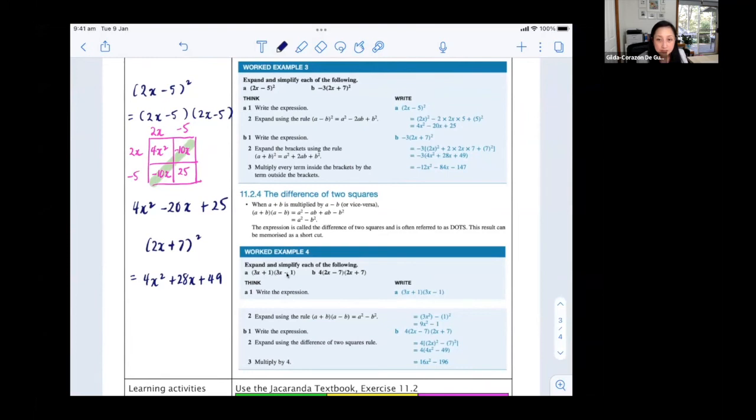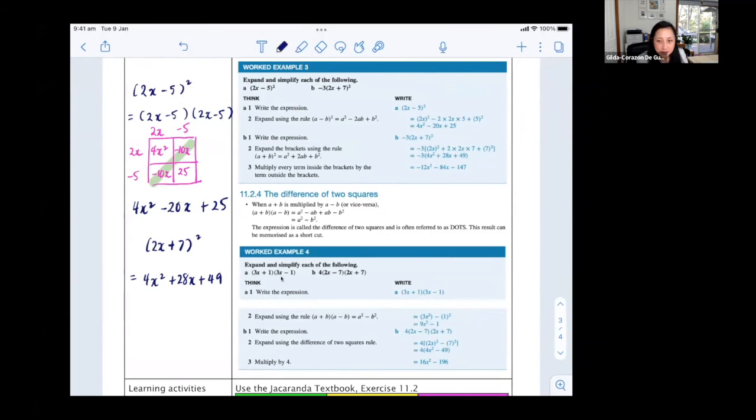But look at the symbols here. That's plus, that's minus. The same thing as this one. That's 2x, 2x, 7, 7. But what's different is that this is minus and that's plus. Okay, now this is what you call your difference of 2 squares, right?